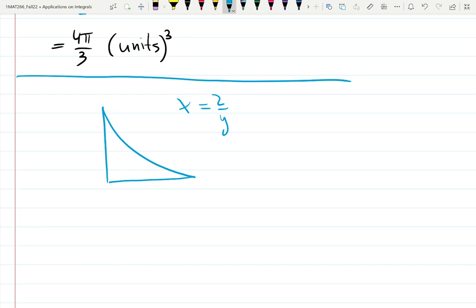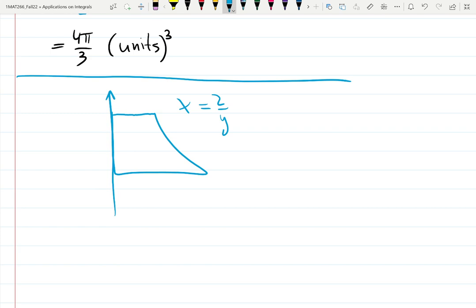But instead of rotating about the y-axis, we're going to rotate about something different, like x equals minus 1. If we're rotating about something else, we're still mirroring everything.